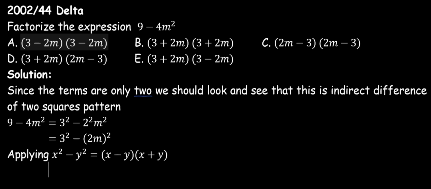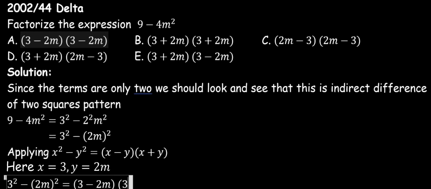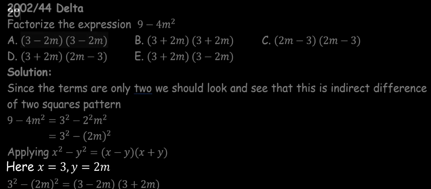So 3 squared minus (2m) squared will be equal to (3 minus 2m) into another bracket (3 plus 2m). That is our result.